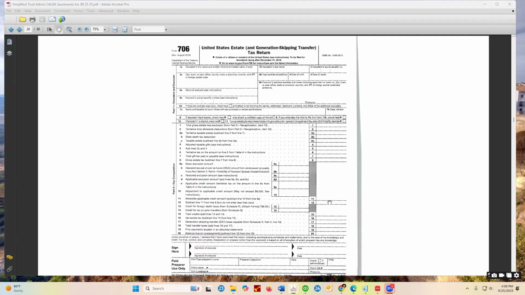And that must be paid in by 9 months from the date of death, even if you have an extension of time to file. So I'm not going to spend too much time on it because it's somewhat rare. It does happen.